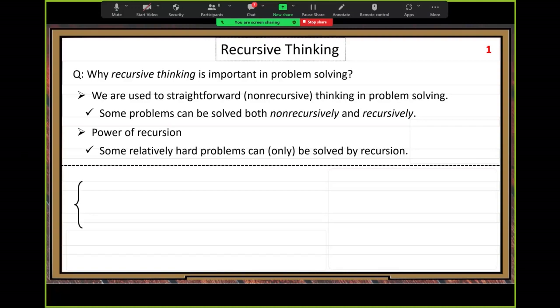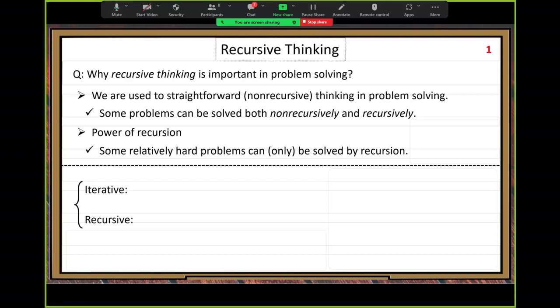Before I show you the power, I want to compare these two types of algorithms. One, iterative. When we say iterative, that means non-recursive. Sometimes people like to avoid recursion using iterative algorithms.